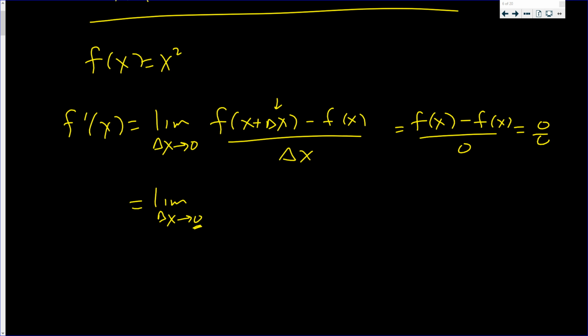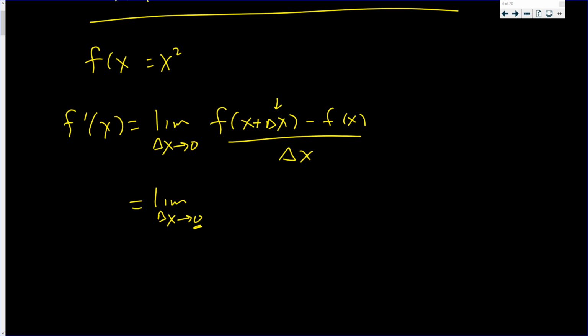I get 0 over 0. That's indeterminate. Somehow I want to cross off that 0 over 0. In fact, we want to cancel out delta x over delta x each and every time.